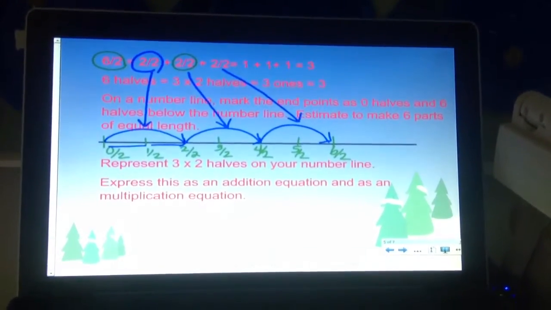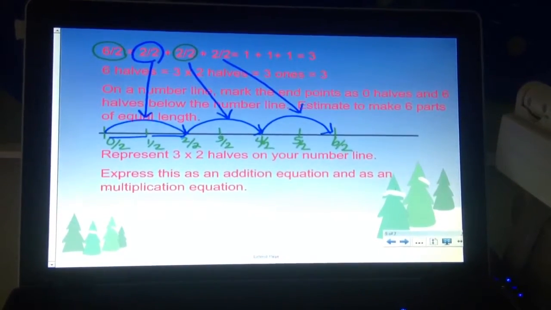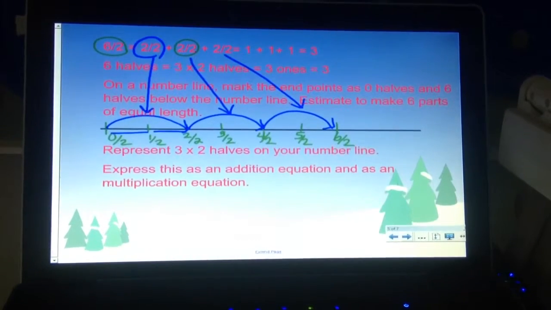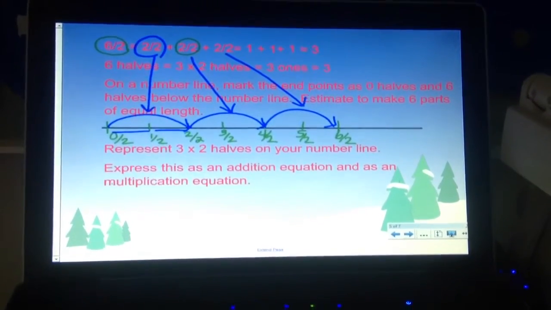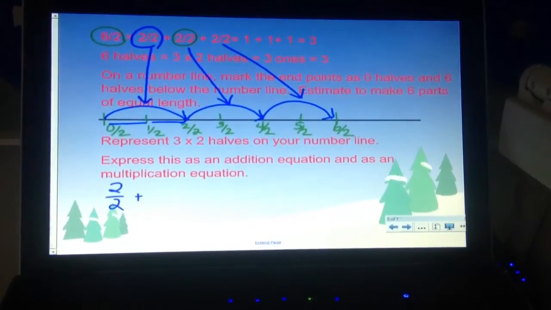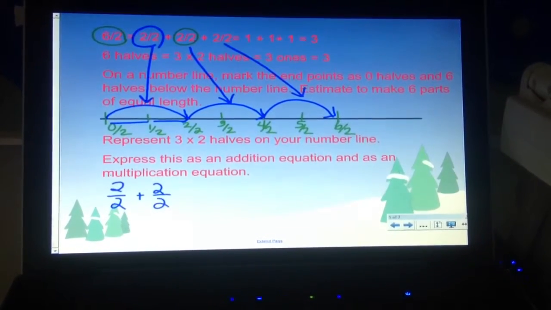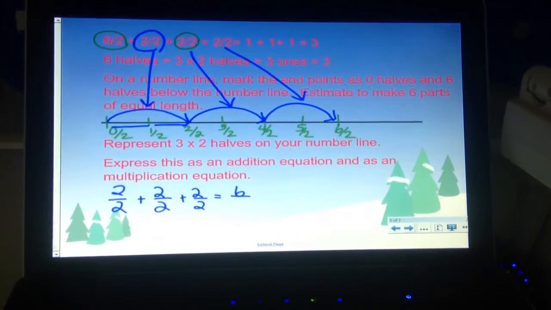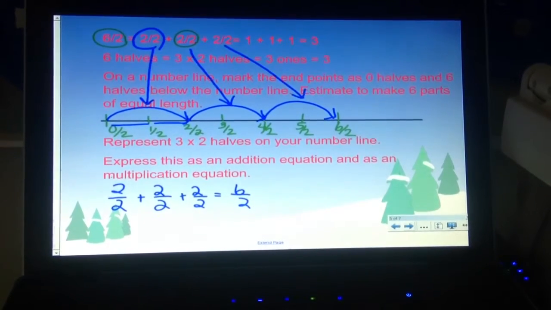Now they want us to express that as an addition equation and as a multiplication equation. So how I would do that is I would say 2 halves plus 2 halves plus 2 halves is equal to 6 halves.